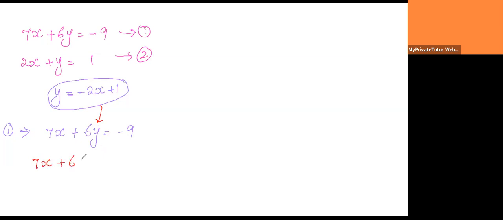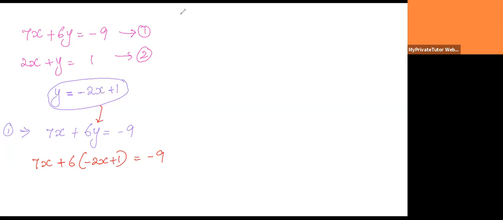So 7x plus 6 times open brackets minus 2x plus 1, equals negative 9. I hope everyone agrees with this.